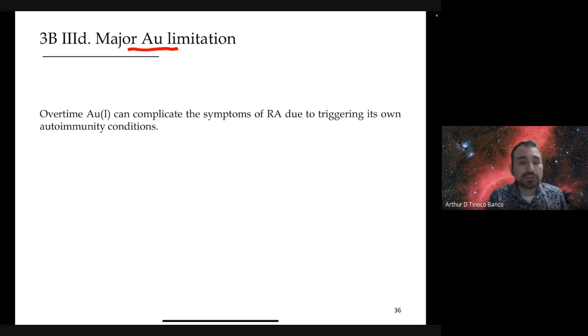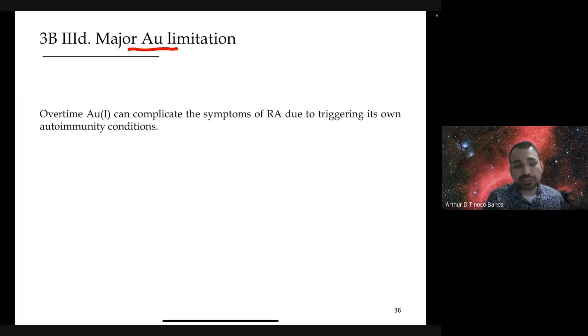As I mentioned previously, auranofin is no longer applied for this application, perhaps because the compound is not sufficiently stable and relies on release of the gold and distribution via albumin. That can lead to a lot of off-target binding that ultimately can result in autoimmune disease or worsening the symptoms of the rheumatoid arthritis.